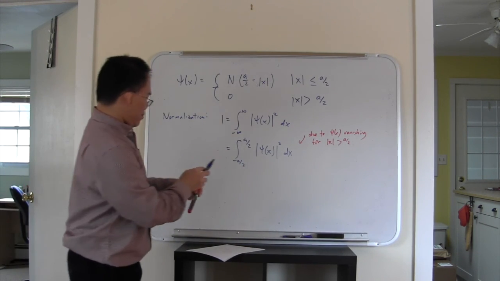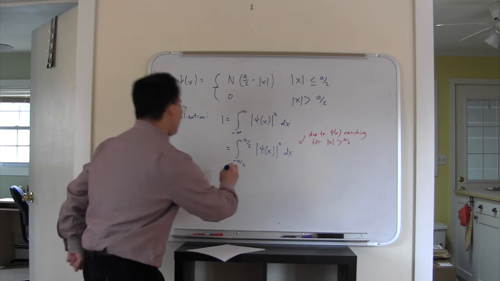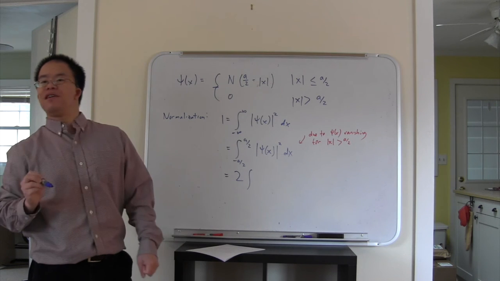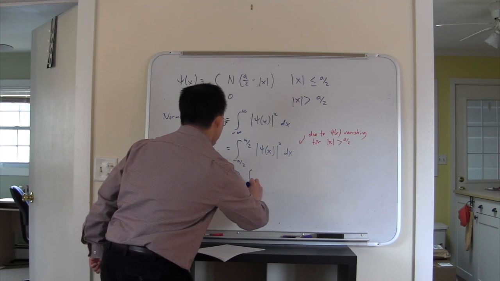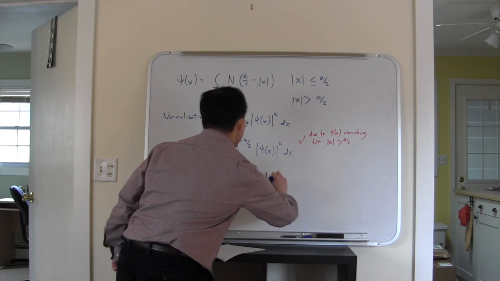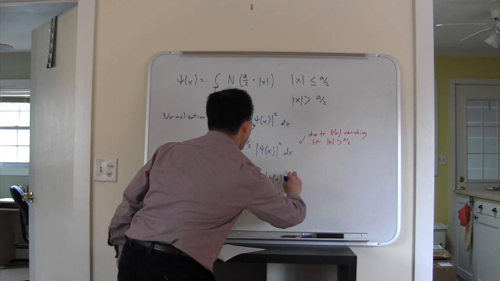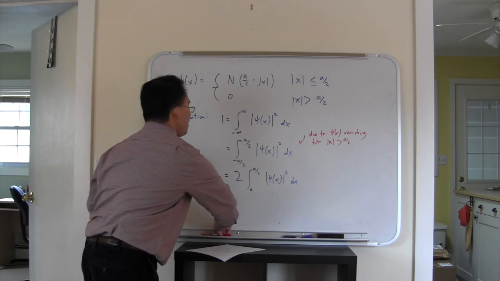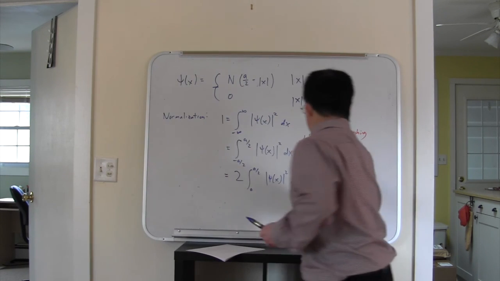And so now we'll use evenness to say that this is twice the integral from 0 to a over 2 of modulus of psi of x squared dx. This is even.